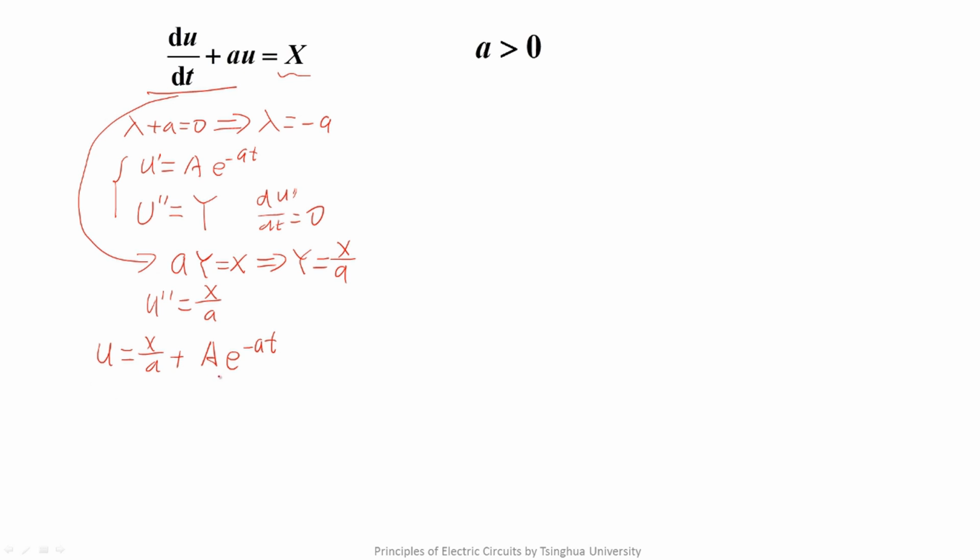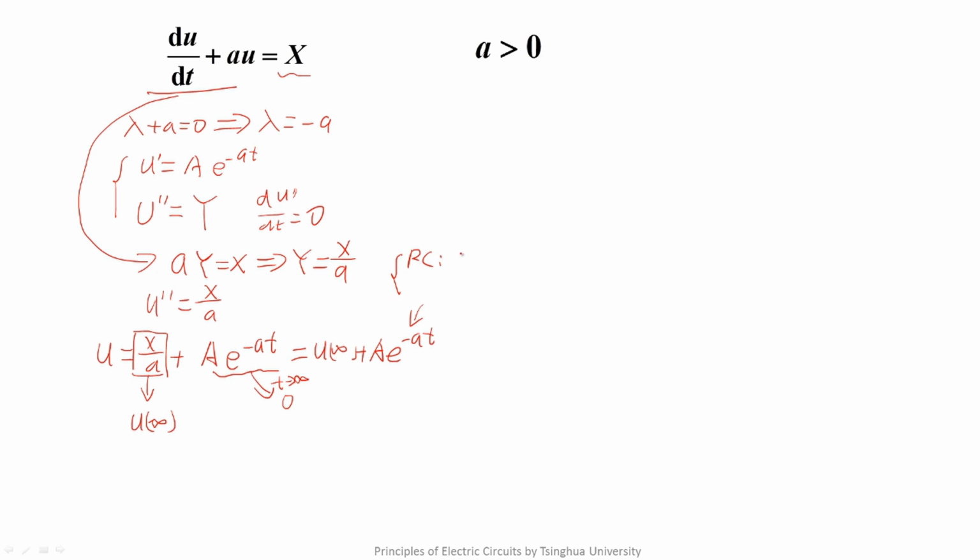In the previous page, we discussed that if A is greater than 0, this part elapses with the time and tends to 0. Suppose this part is the steady-state value, which can be written as U infinite. Then the solution can be written as U infinite plus A multiplied by e to the power minus A multiplied by t.